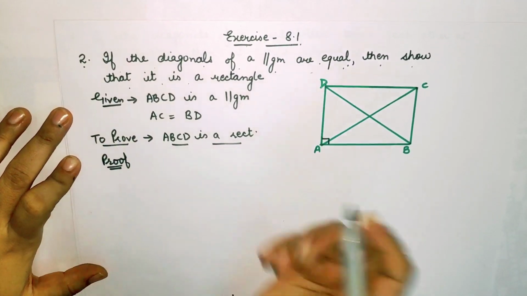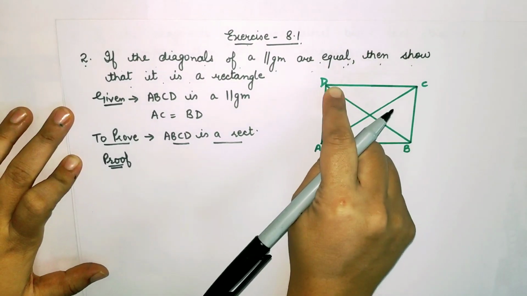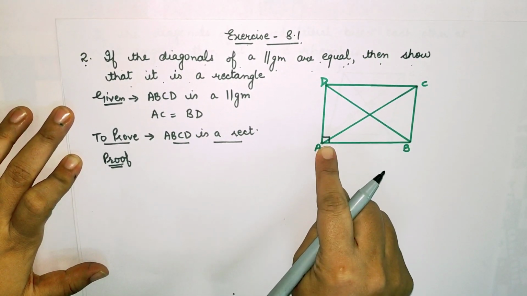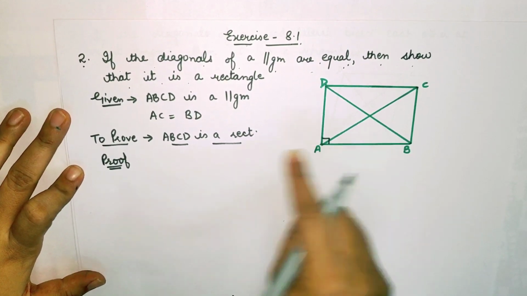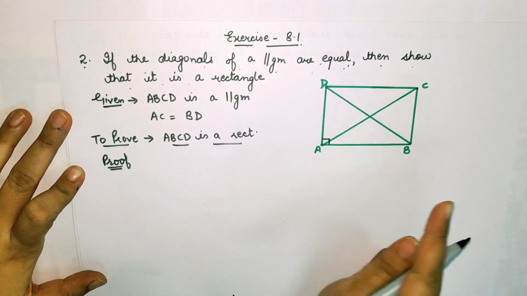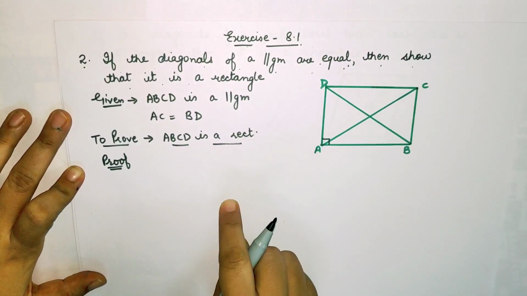Now how to prove? Now we have to prove that angle A or angle B or angle C or angle D, any one angle of this parallelogram is of 90 degree, then we say that ABCD is a rectangle. Now we have to prove that angle A is equal to 90 degree or angle B is equal to 90 degree. Is it clear?